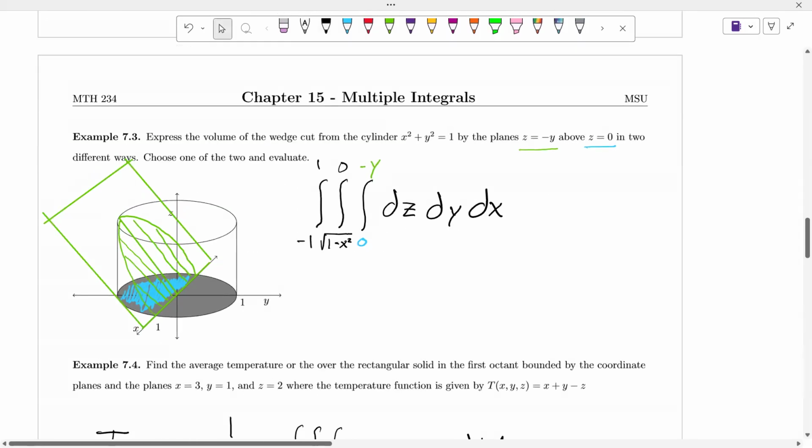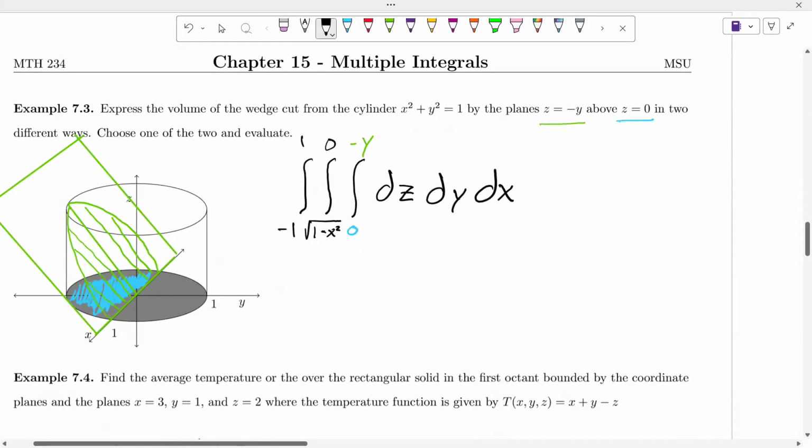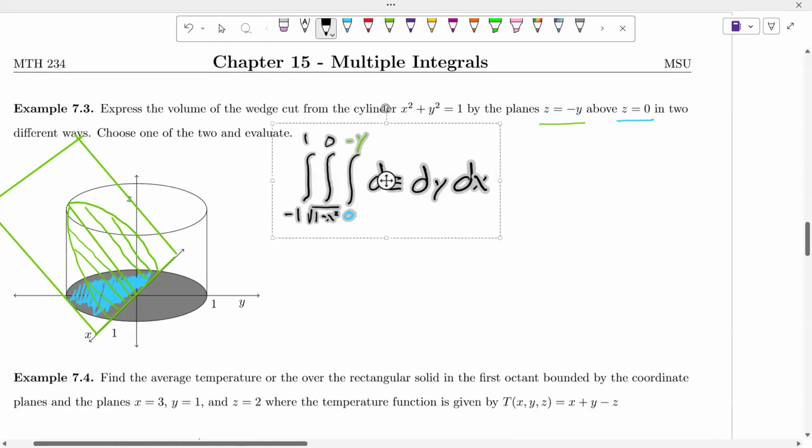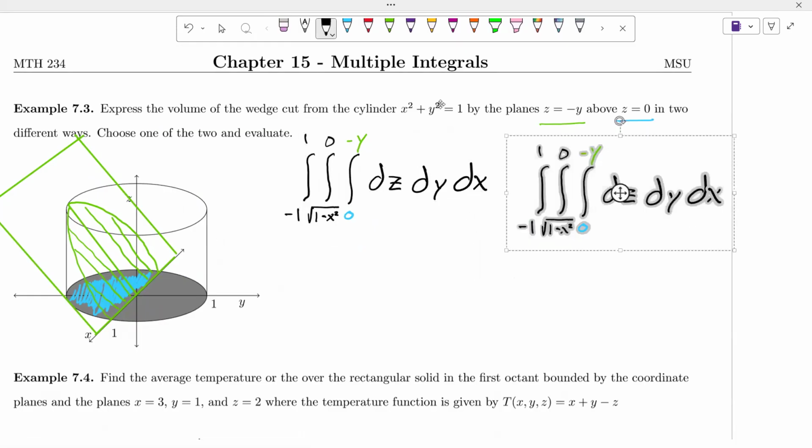And I'll come back up and finish 7.3. If I wanted to write this thing out another way, maybe I'll just use technology to copy and paste it.